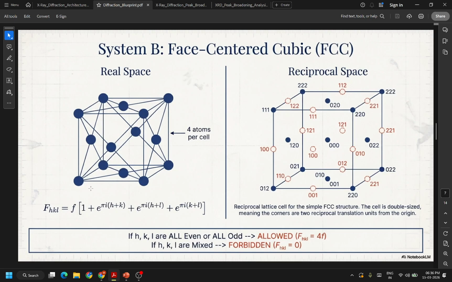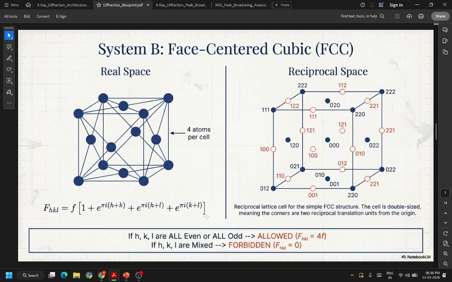For all the 4 lattice points, you will have formulas like this. And if you see here, if h, k, l are all even or all odd, then this will all sum together, and F_hkl will become 4f. So these will be allowed peaks. And if there is any mismatch in hkl, then this whole thing will become 0. So this will result in a forbidden peak.